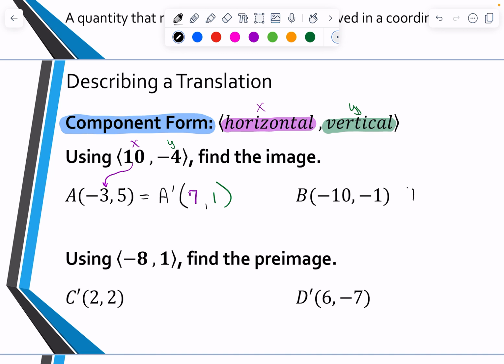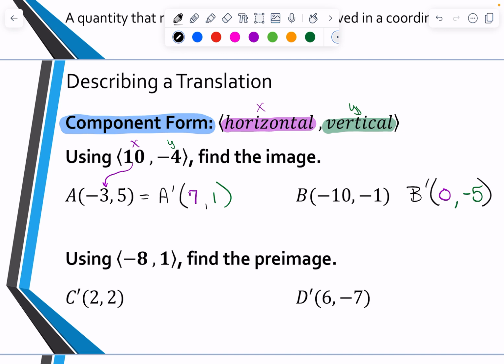B prime is going to be located at, we take the x value 10, add it to the -10, and that would be 0. We take the y value -4, add it to the -1, and that would be -5. Okay, so that's how we go from a pre-image to an image after we apply the component.